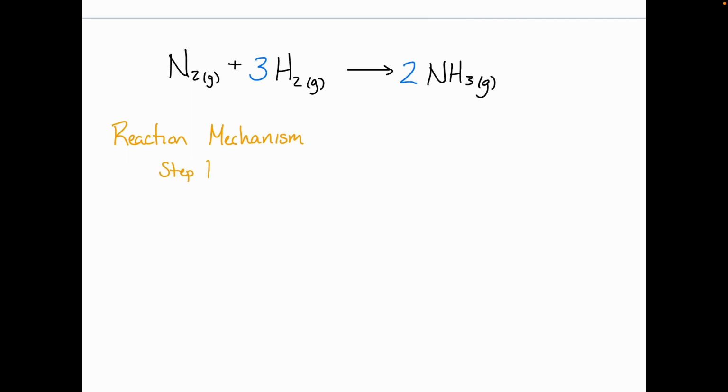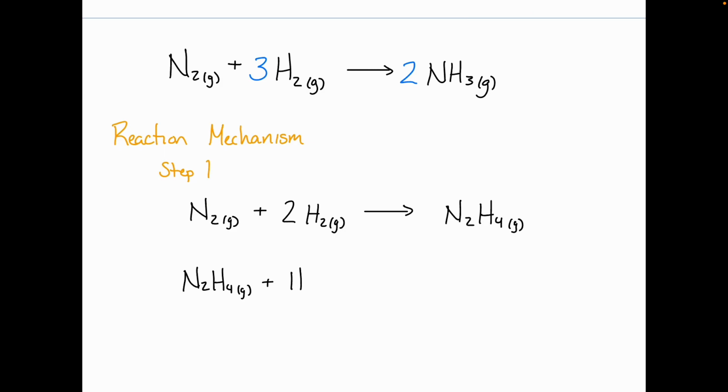Step 1, the nitrogen gas collides with just two hydrogens to make N2H4 gas. And then finally that N2H4 gas collides with the second hydrogen to produce our two ammonias.